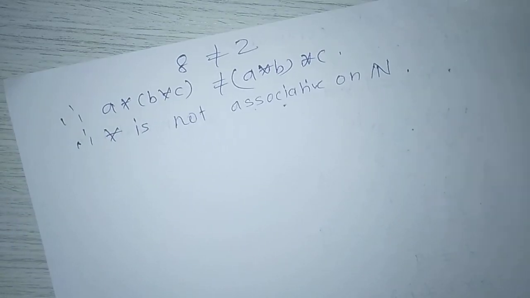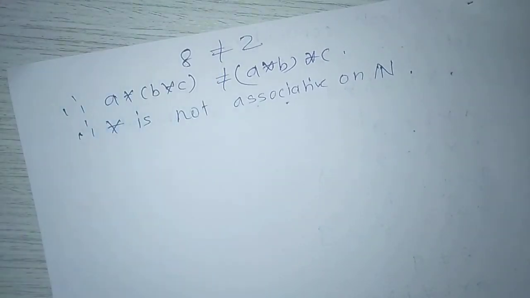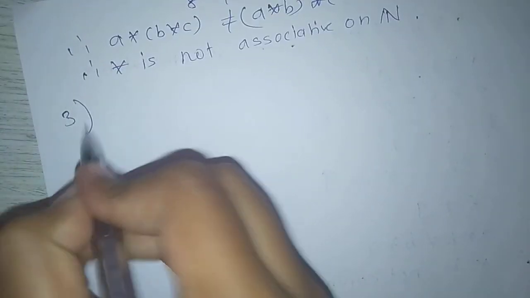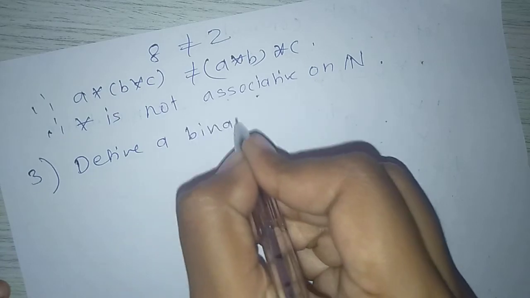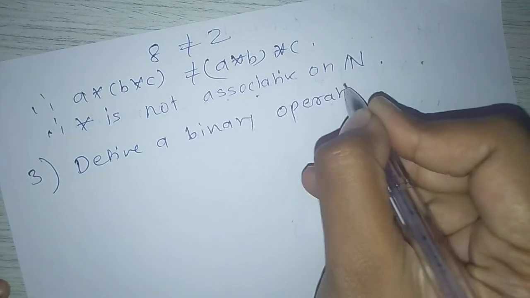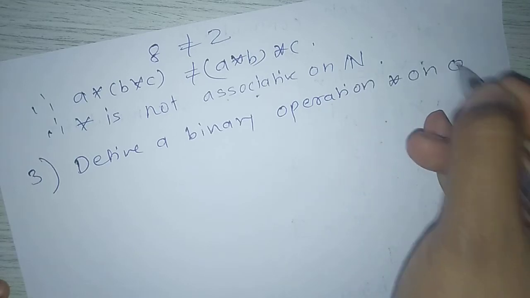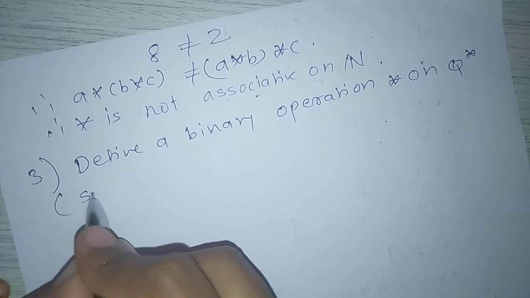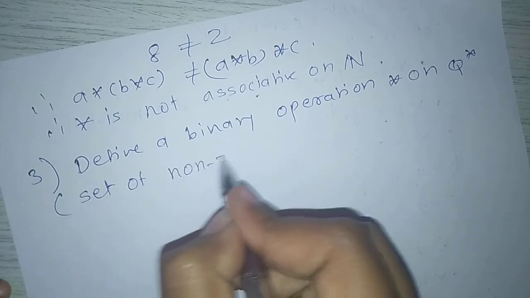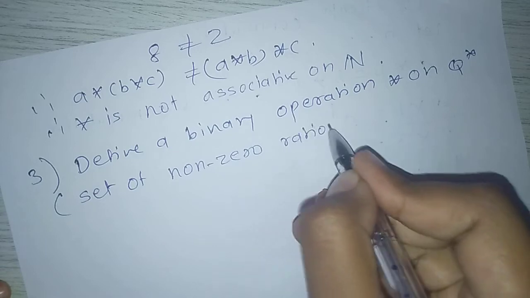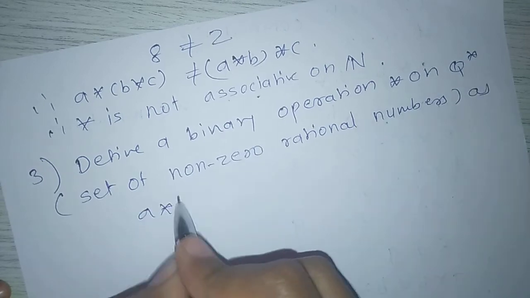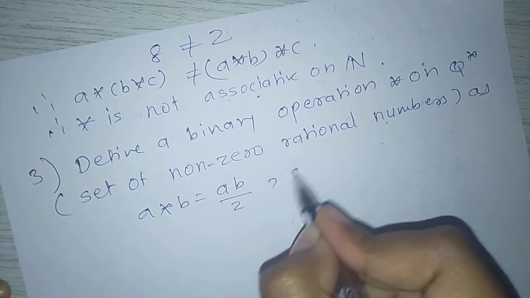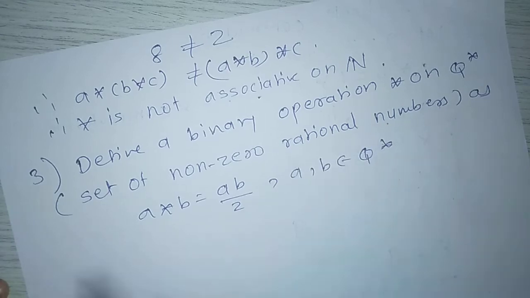Now see the next example. Define a binary operation star on Q star. The set Q star means the set of non-zero rational numbers, as A star B equal to AB upon 2, where A, B belong to Q star.